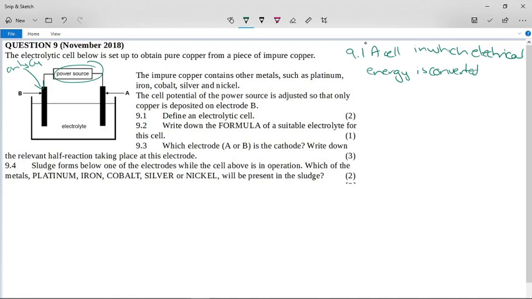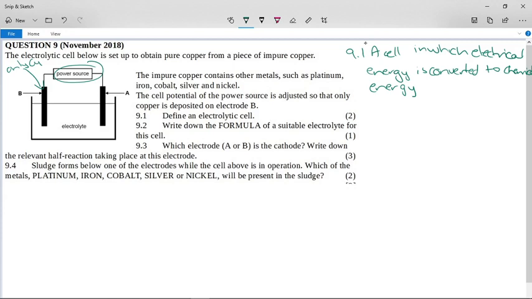Electrical energy is converted to chemical energy. Remember, you could also say that electrical energy is used to provide energy to a chemical reaction to produce a chemical product that you want, but it's easier just to say electrical energy is converted to chemical energy.